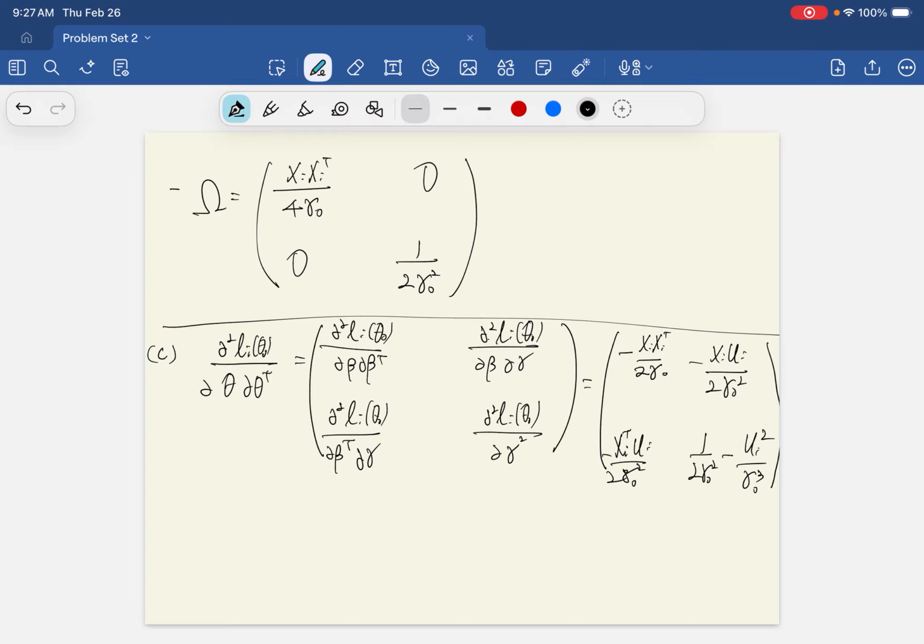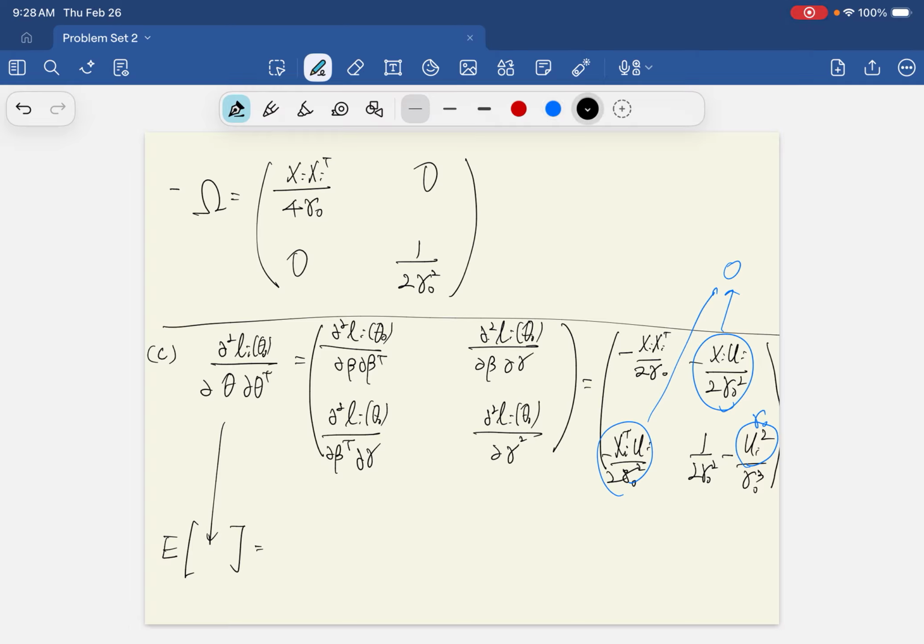Okay, just do it step by step. I did the algebra on another paper, so you have to do it by yourself. And then take the expectation of that. The expectation of this guy is simple. Again, these guys are 0, so that is simple. And this expectation will be gamma 0, so it will be cancelled out.